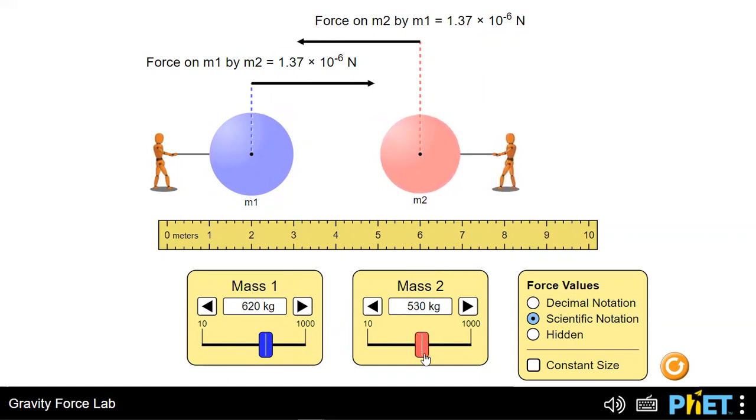You can notice that as the arrow changes its length, the value of the force acted on M1 by M2, or the force acted on M2 by M1, changes as well.